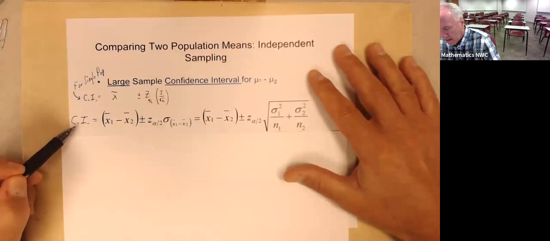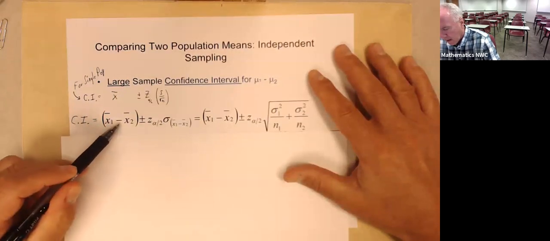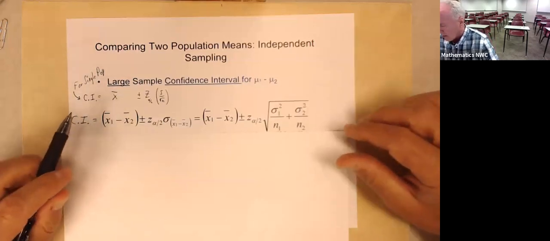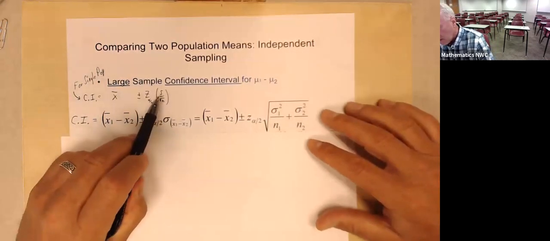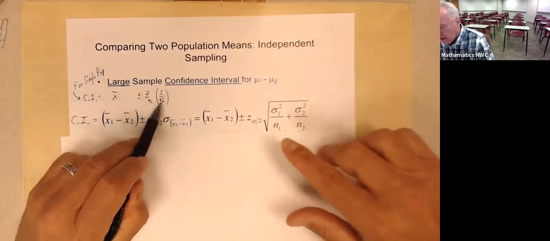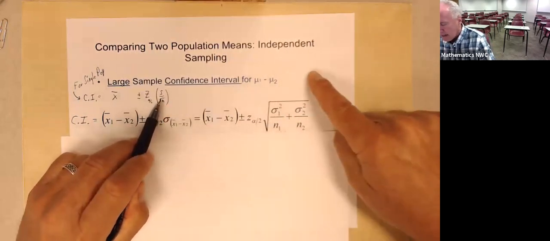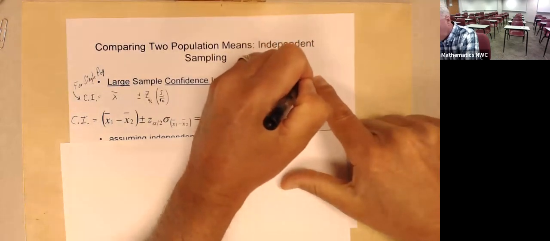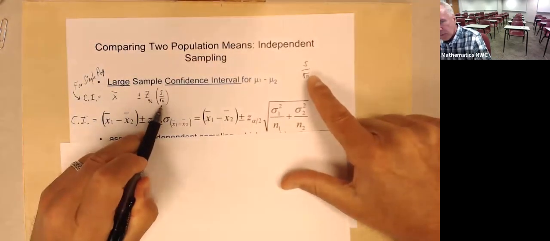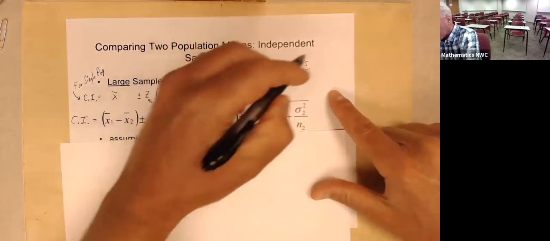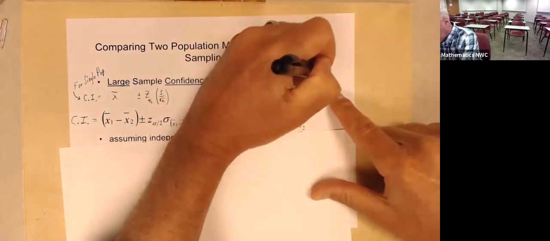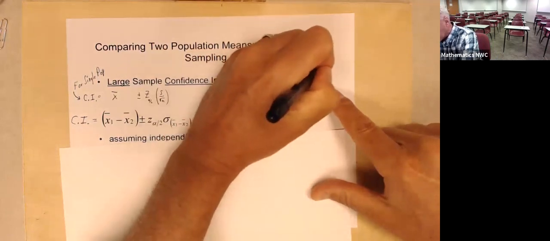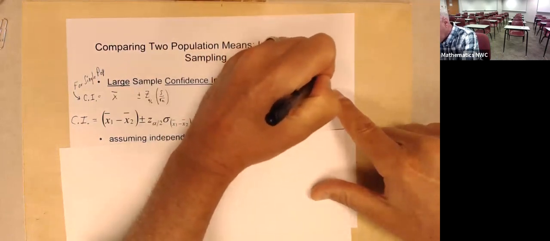Compare that to a two population mean, like we have the one here for two population. Now I'd like you to notice something. This adjusted standard deviation, I'm going to copy that down right over here. It was S over the square root of n. Well, notice that could have been equal to the square root, and I could have taken the S and left it squared in there over n.